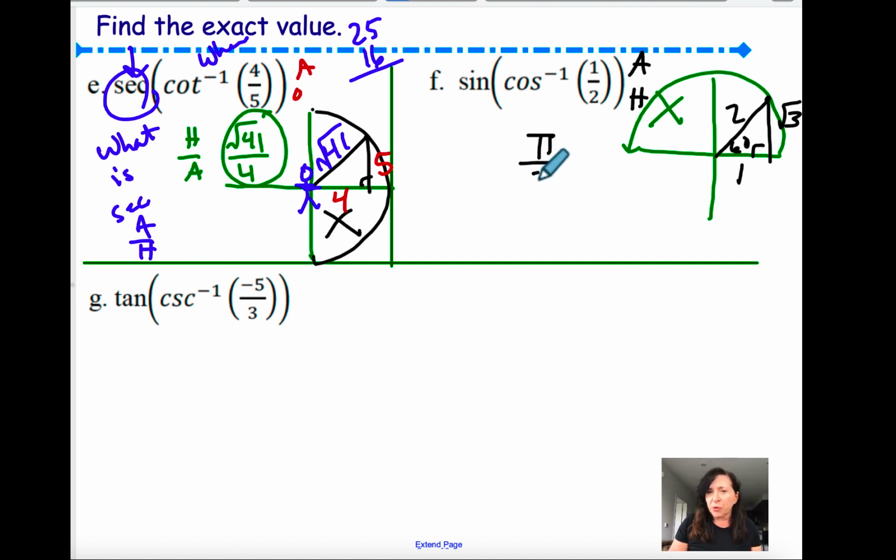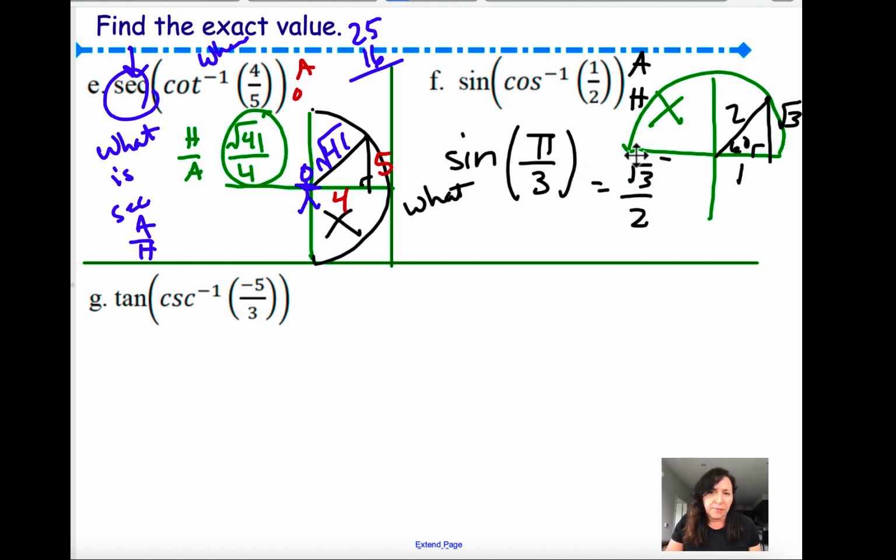So if you prefer radians or if you prefer degrees, either way is fine. So this is now asking me what exact value is sine of pi over 3. Well, sine of pi over 3 is equal to root 3 over 2. And so that's what sine is, where cosine is at 60.